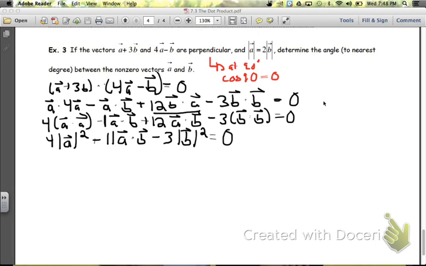So we can just do a little bit of side work. We're going to come back to this, but just using the fact that we know the magnitude of A is equal to 2 times the magnitude of B. Now if I were to square this, somehow I need to get rid of either the magnitude of A squared or the magnitude of B squared, because we want everything in like terms.